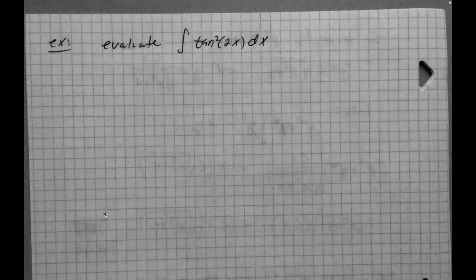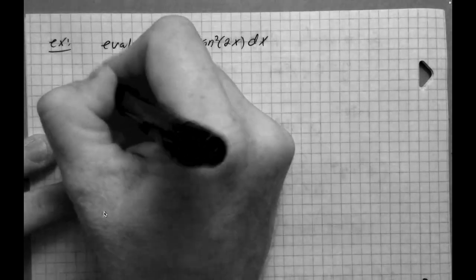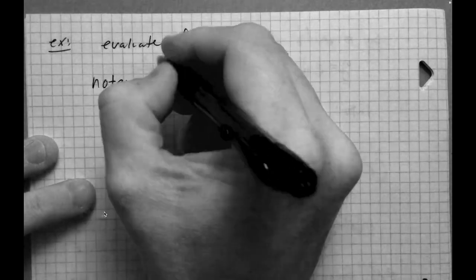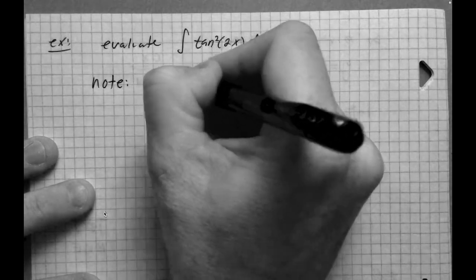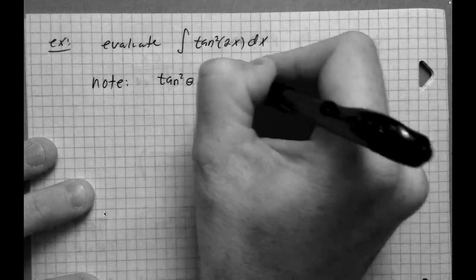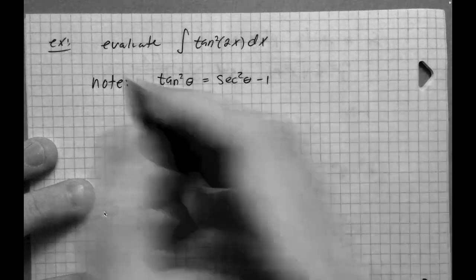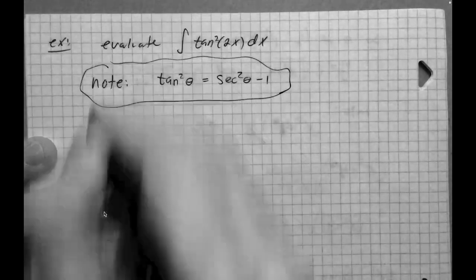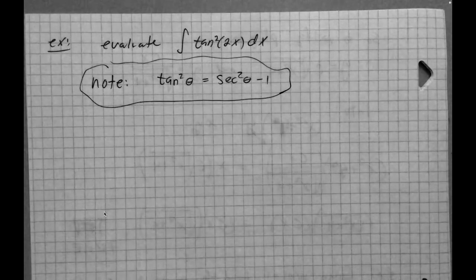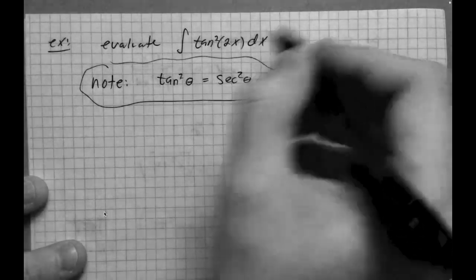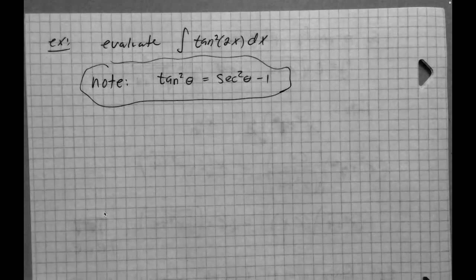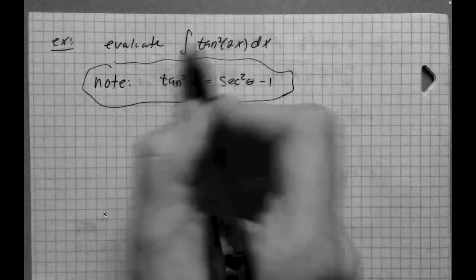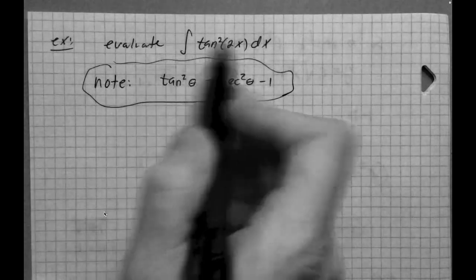We all remember sine squared plus cos squared equals 1, but what about tangent and secant? Well, there is one, and it's that tangent squared theta equals secant squared theta minus 1. That's the other Pythagorean identity from trig, and we can use it to evaluate this integral involving a trig function.